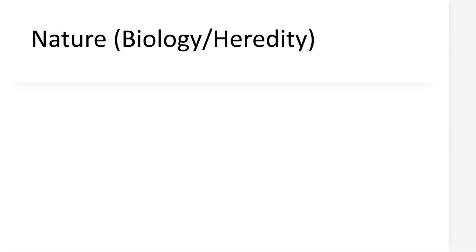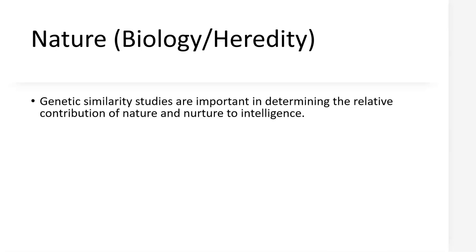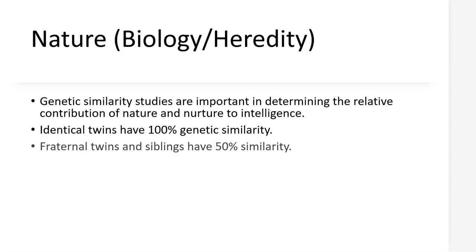So let's start on the nature side. What kind of evidence do we have that biology, genetics, heritability factor into intelligence? The way this is determined is by doing genetic similarity studies. And what they're looking for there is the relative contribution of genetics and exposure to the environment on intelligence. Identical twins, at least at the very start, have 100% genetic similarity.